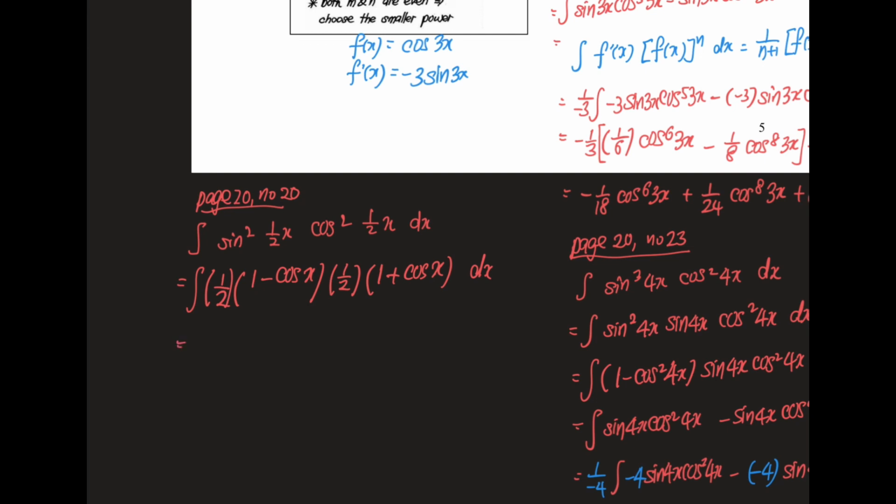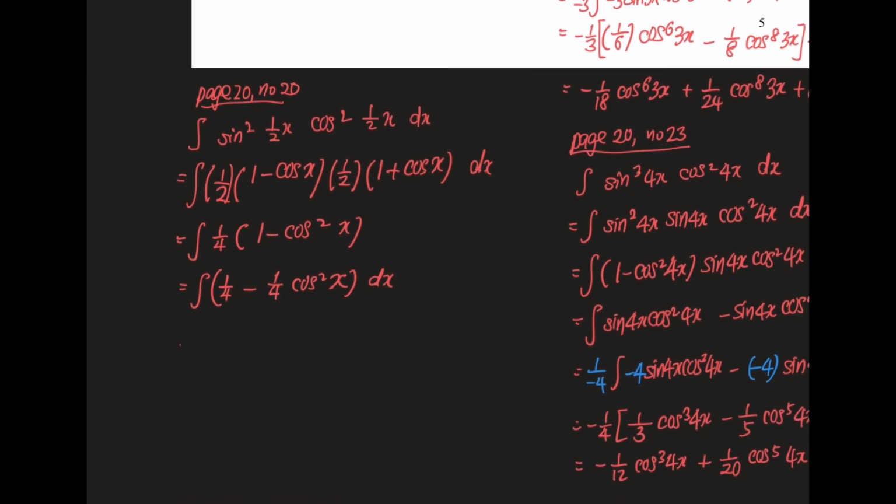Then we have 1 over 4, 1 minus cos square x. After we expand that, we have an even power again, so we have to use the even power identity one more time.